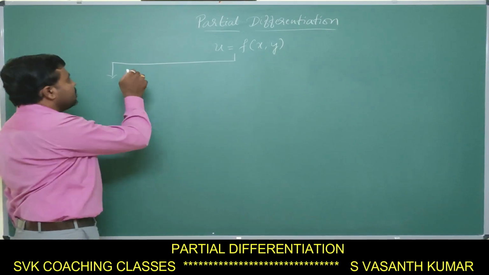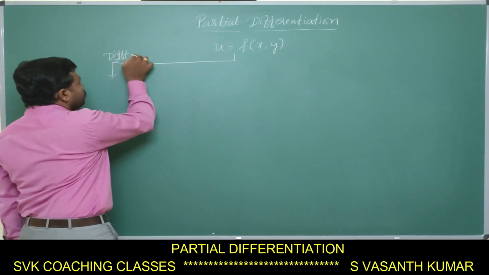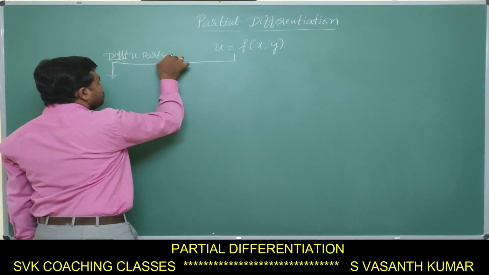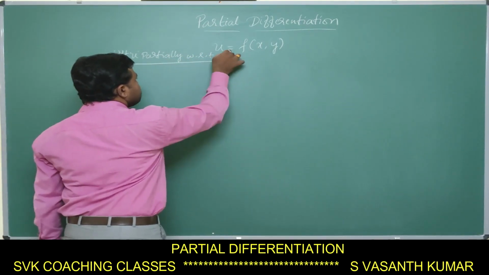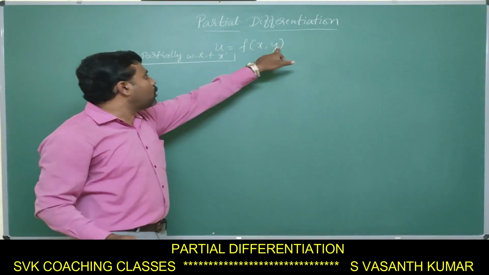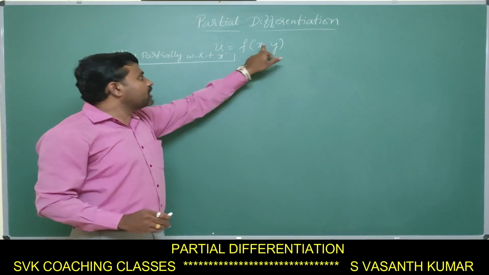Now differentiate u partially with respect to x. When we differentiate with respect to x, how many variables may we have? Here we have only two variables, x and y.